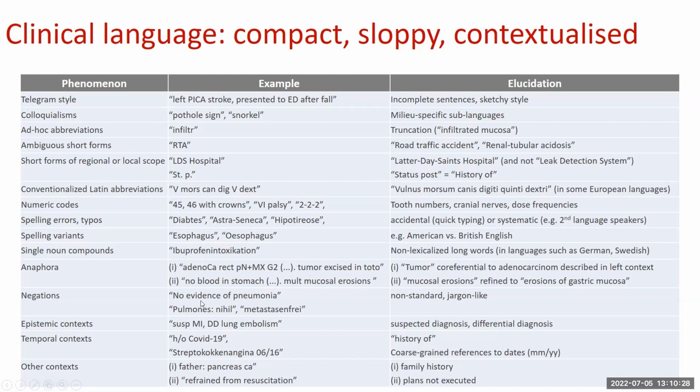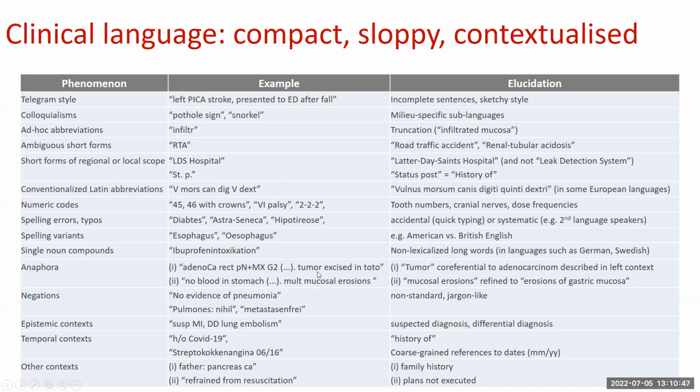For instance, you introduce something in a lot of details, an adenocarcinoma in the rectum, and then a certain TNM code, and then you tell something else, and then full stop, and then you write tumor excised in toto.